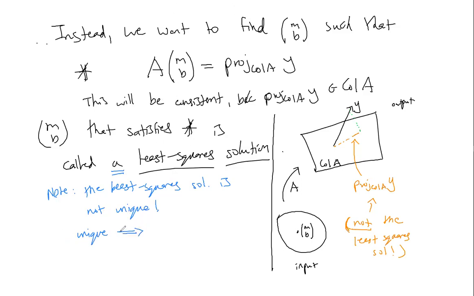They have unique solutions if and only if there's a pivot in every column. It's not unique if the columns are linearly dependent. So unique if and only if the columns of A are linearly independent, which is not always true. So just another thing to note.